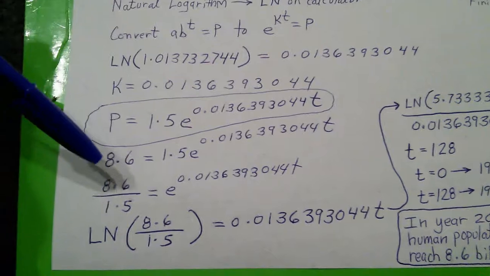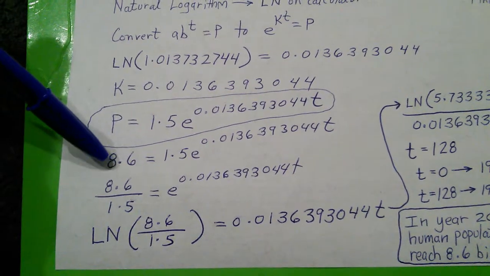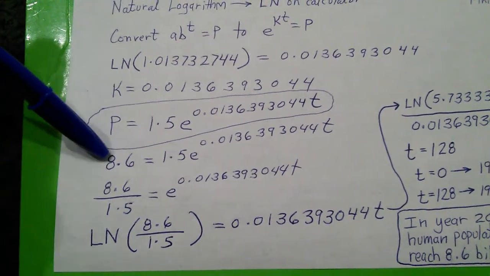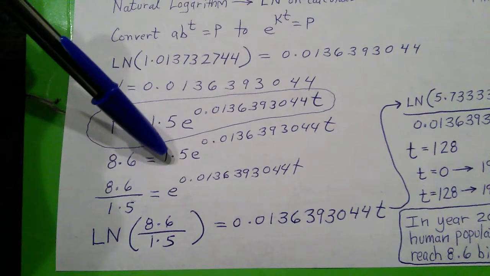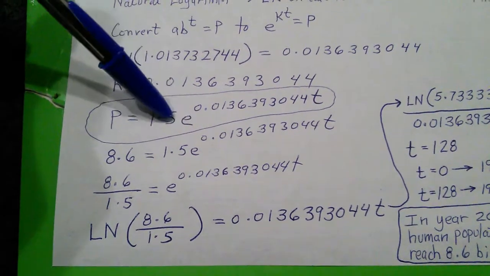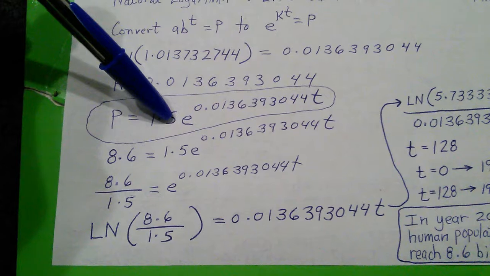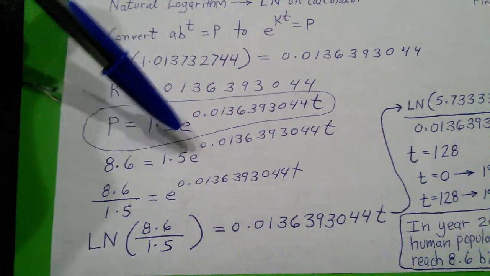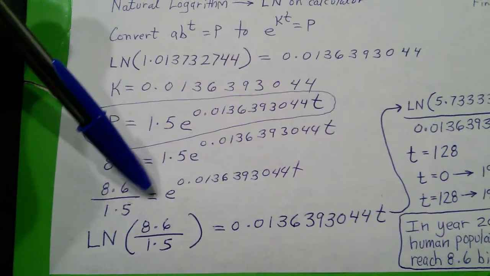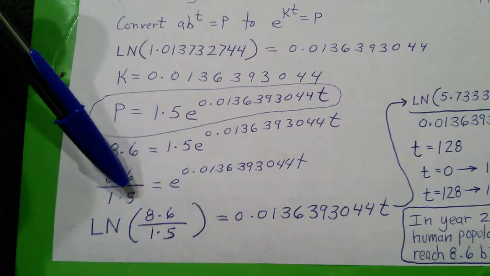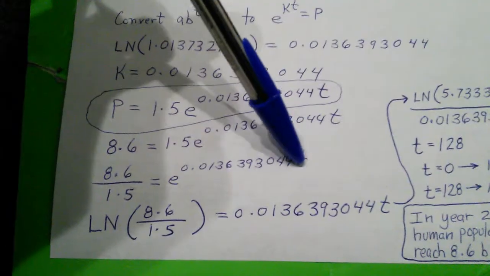What we want to know is the year when that will happen. So we can set the y function equal to 8.6, the output, and then the input would be, of course, this equation model here.